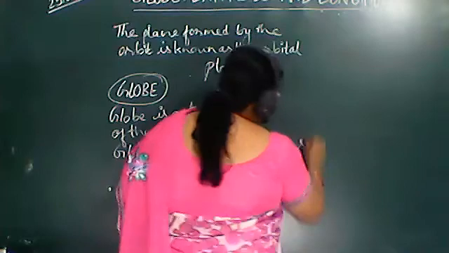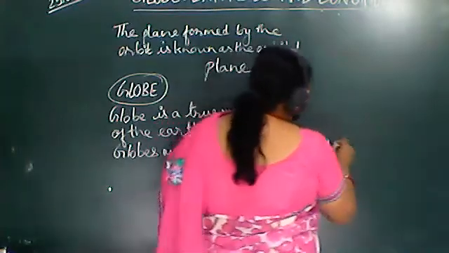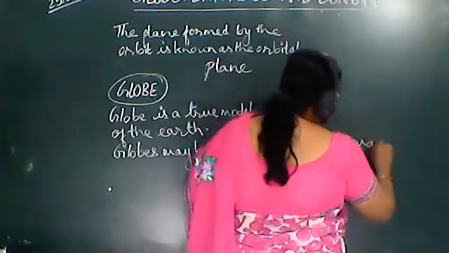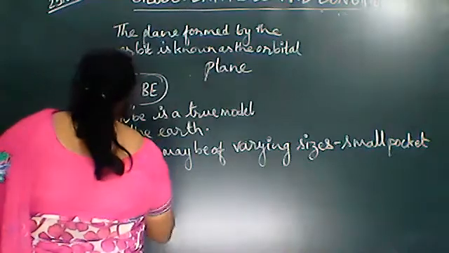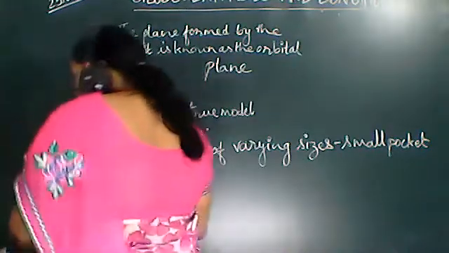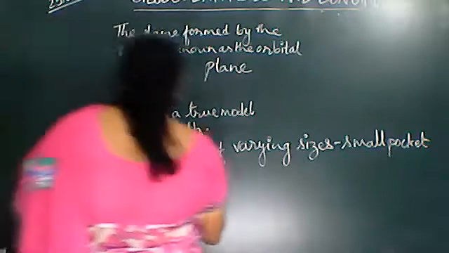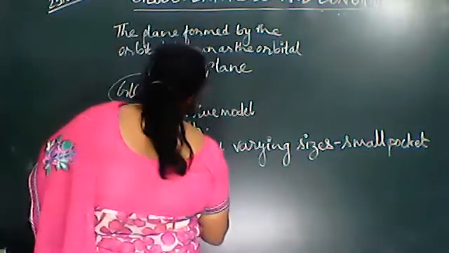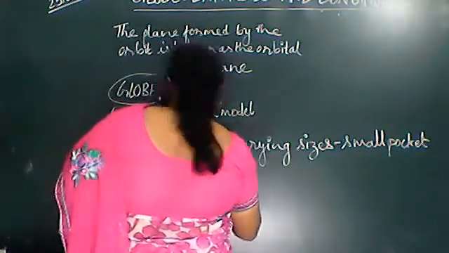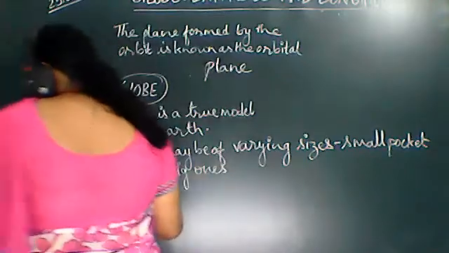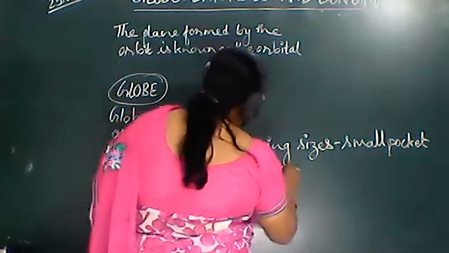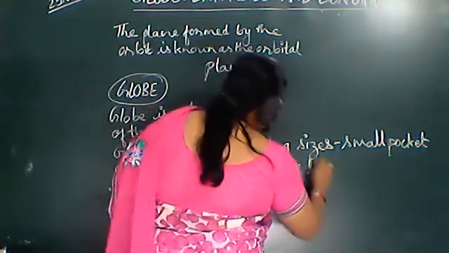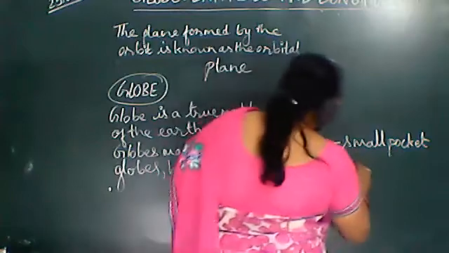Some of the globes can be small pocket globes. Globes can be of varying sizes: small pocket globes, big ones, and globe-like balloons, like inflated balloons.